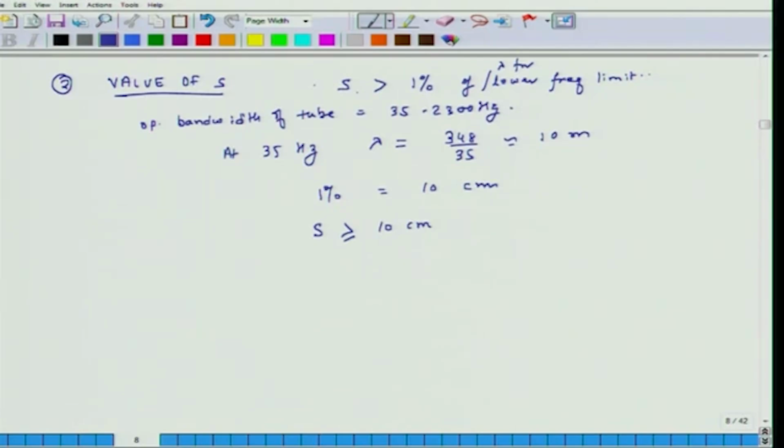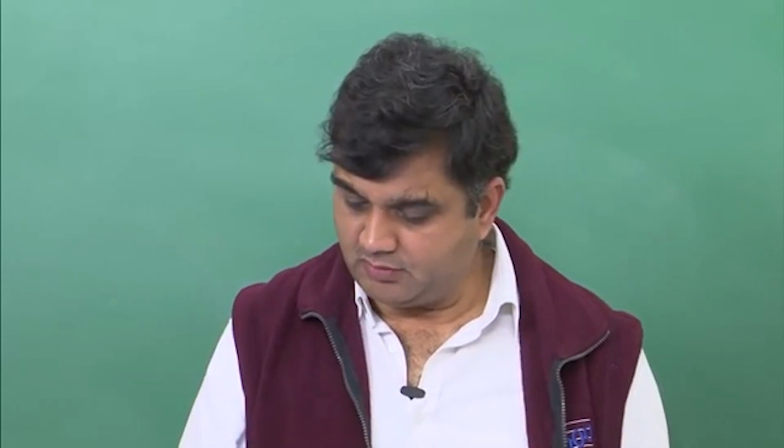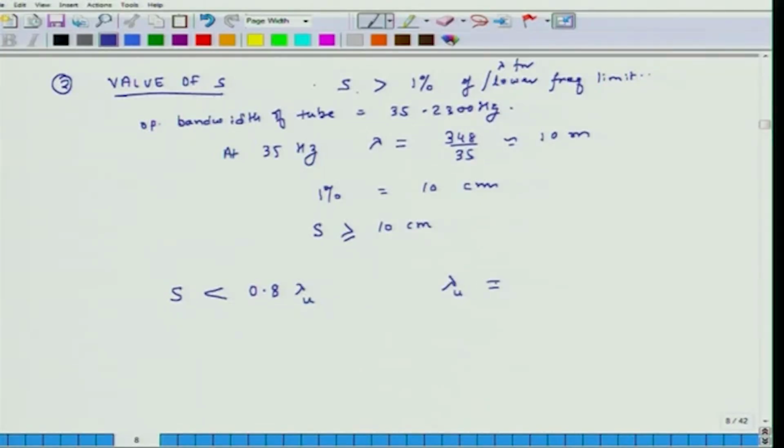The other consideration is that spacing should be less than 0.8 times lambda for the upper frequency limit. This is the second consideration. So to calculate S, we have to be in this range. Lambda for upper frequency limit is 348 divided by 2300, so this is about 0.151 meters.